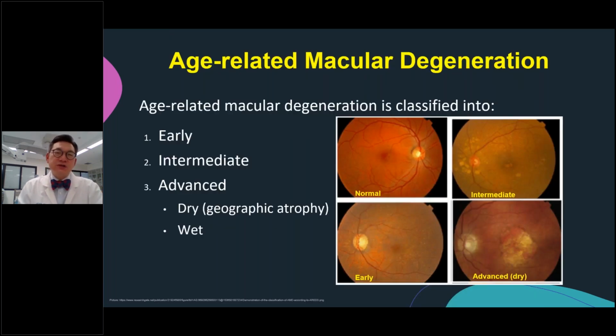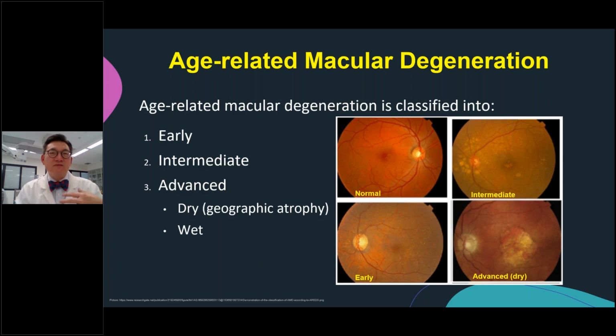Macular degeneration can be divided into a number of different forms depending on how severe it is. We have firstly early macular degeneration, in which a patient would have very little symptoms, though we might notice a change if we examine the patient. Then the next level is intermediate, where there are more changes observed, and a patient might notice some slight alteration in vision.